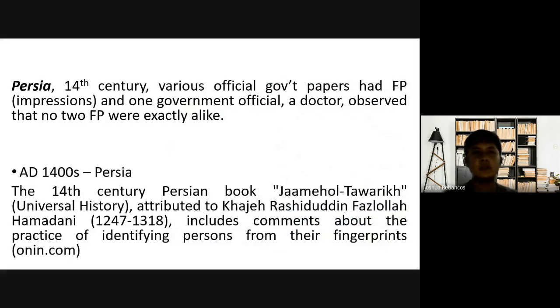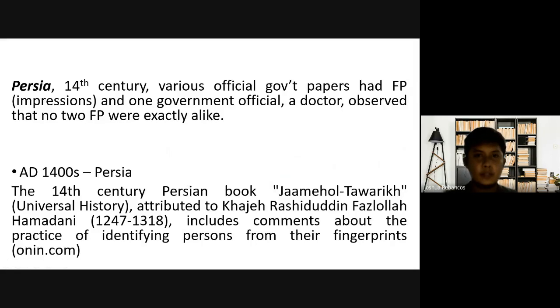Sa Persia, in the 14th century, various official government documents had fingerprint impressions. And one government official, a doctor, observed that no two fingerprints were exactly alike. Okay, noong 14th century pa yan. After the death of Christ, or Anno Domini, 1400s sa Persia. The 14th century Persian book. Ito yung basis kanina sa una.